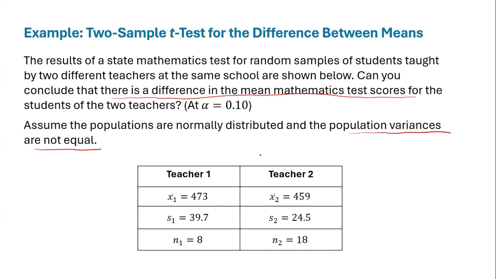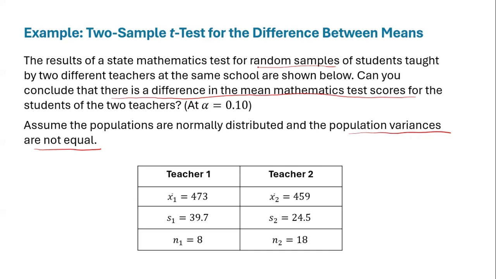So first of all, the first step is always checking the requirement. When we check the requirement, are samples random? Yes. Are samples independent from each other? So the samples are independent because they are two samples from two different teachers.